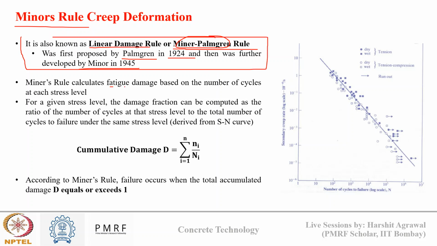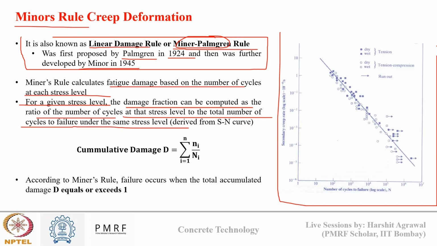And it calculates fatigue damage based on the number of cycles at each stress. So at a given stress level, the damage fraction can be computed as the ratio of the number of cycles at that stress level to the total number of cycles to failure under that stress level. So this is known as the SN curve. Okay, so suppose I have a load P acting on a structure.